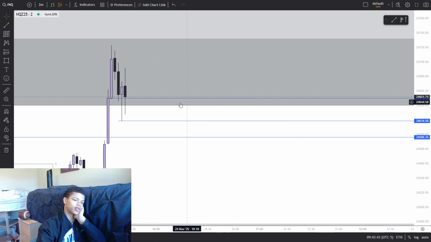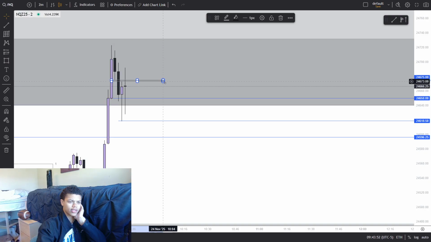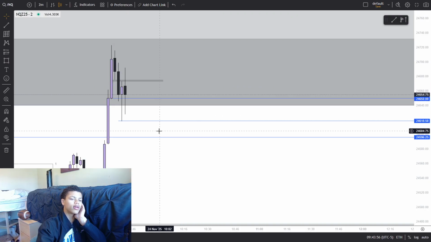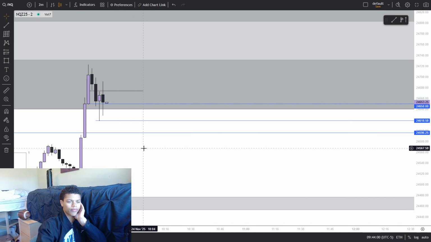Don't really have continuation confluence. This is not really clear enough for me. Yeah, it's a 2 minute, but it's not clear enough yet, and we didn't take out this low yet. So definitely gonna give it some time. I definitely want to see us make a new low though.